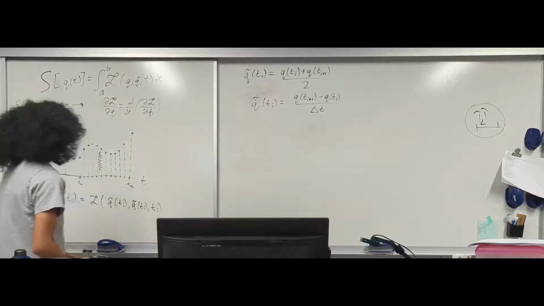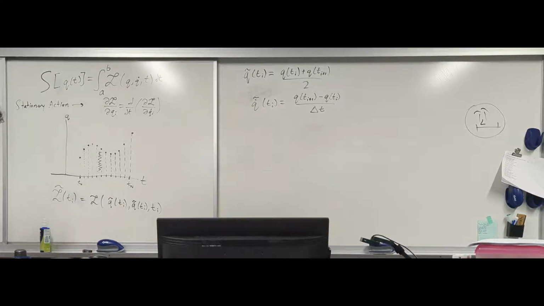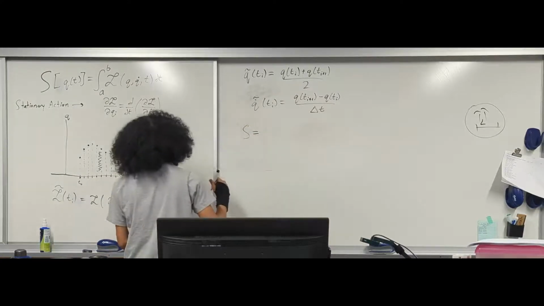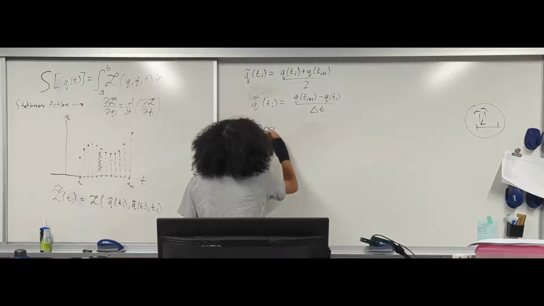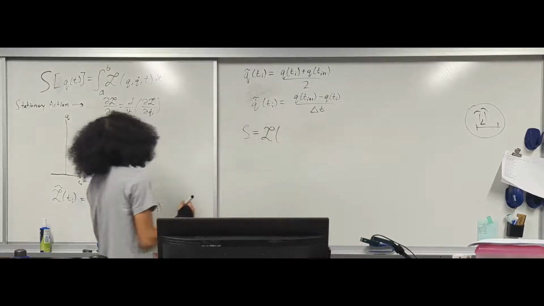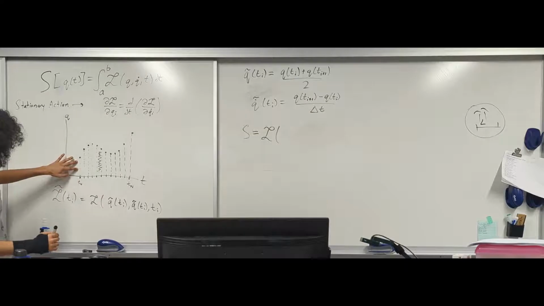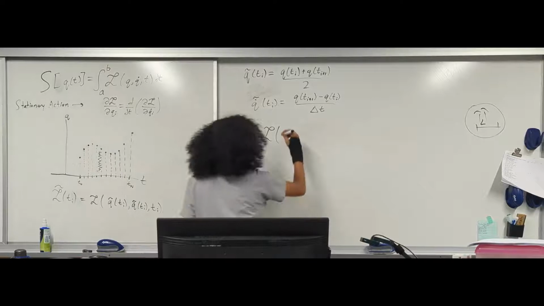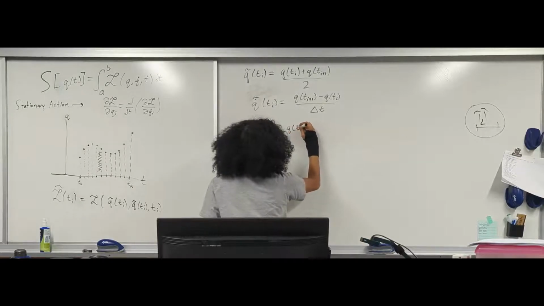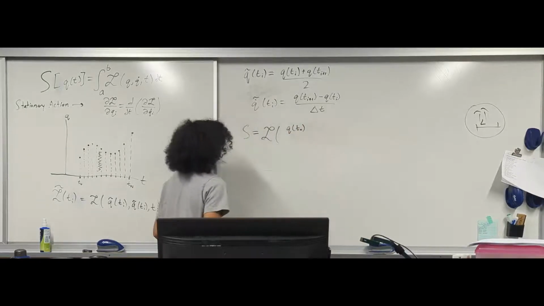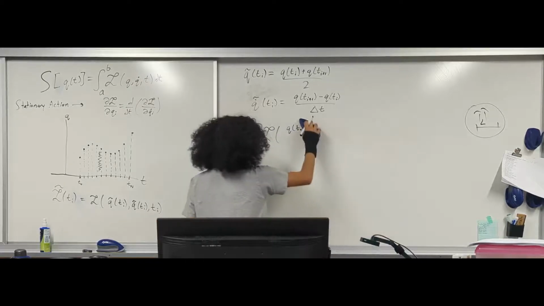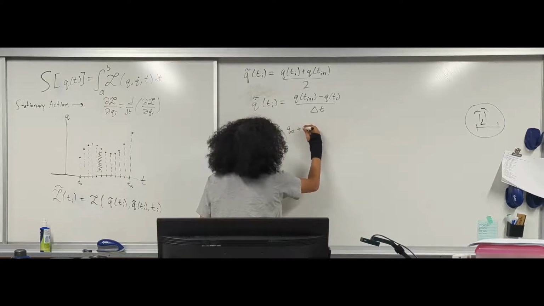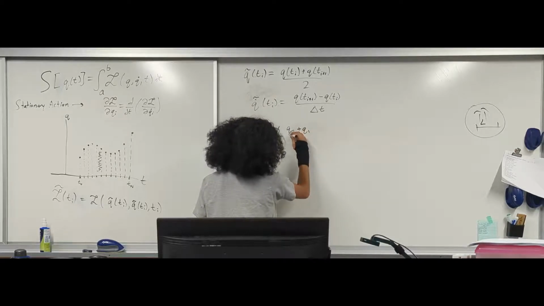So then what the action consists of is adding up all of these things. We'd have the Lagrangian of, for the first one, q of t0, which I'm going to denote as just q0, plus q1, over 2.